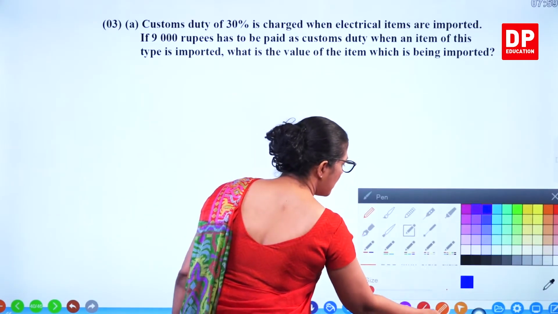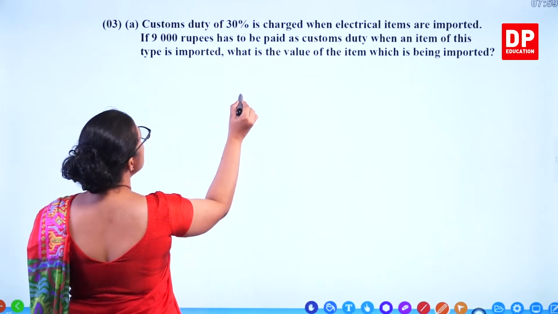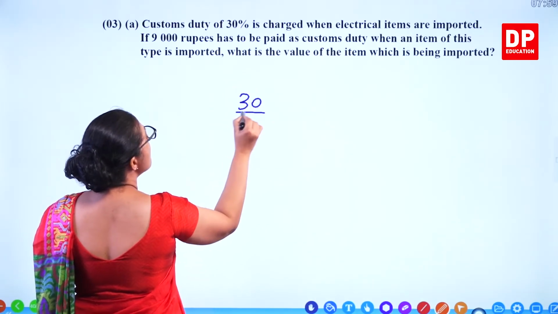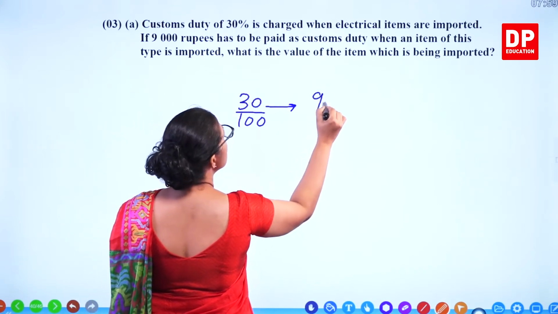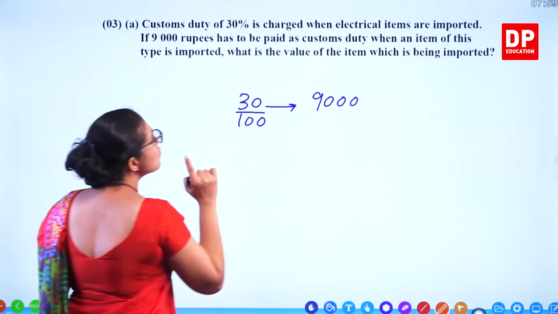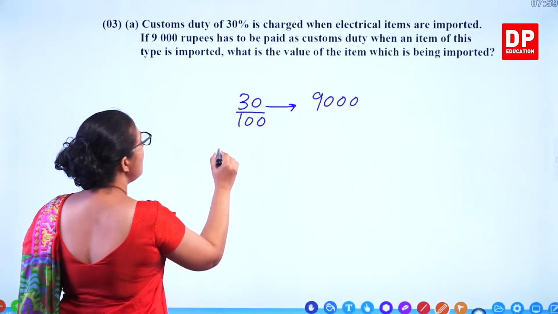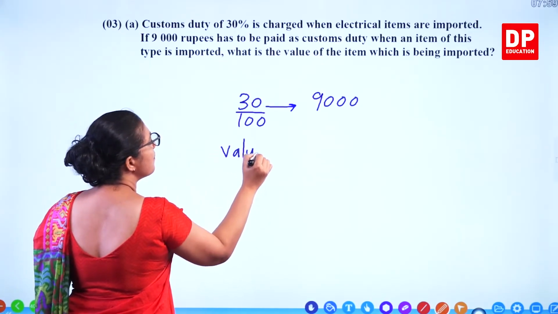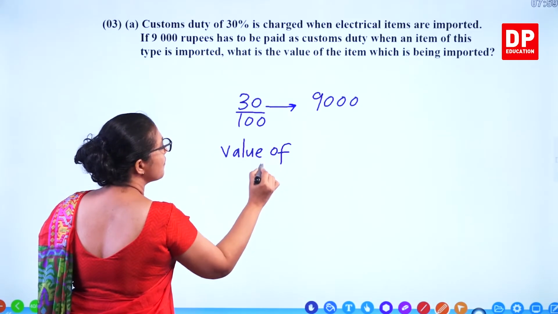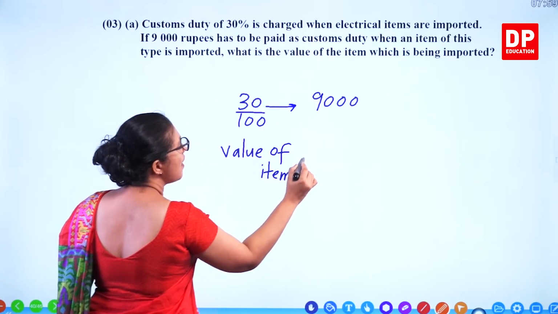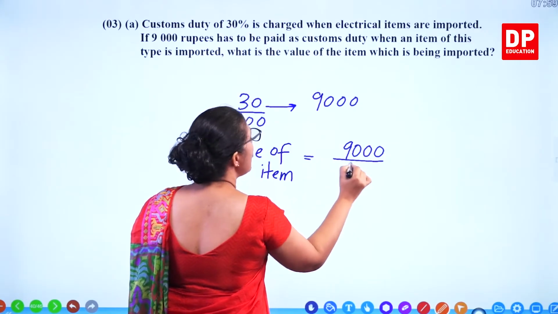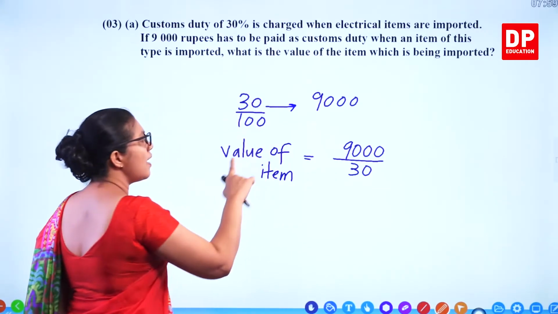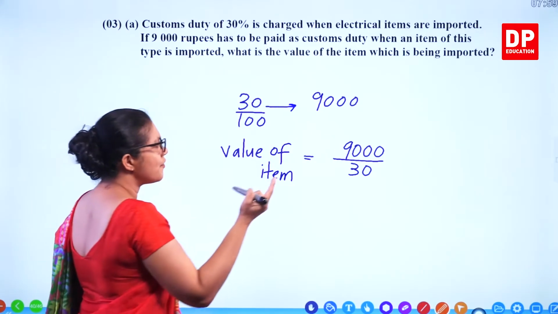So that means, what's the duty? 30%. 30% value is 9,000. So what is the value of the item? Value of the item becomes 9,000. You divide by 30 to get 1 part. And how about 100 parts?